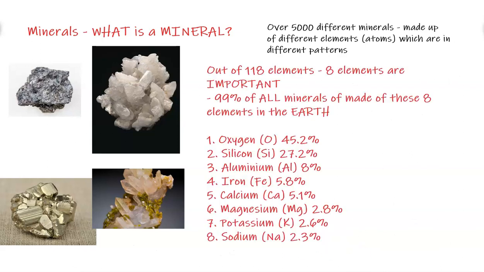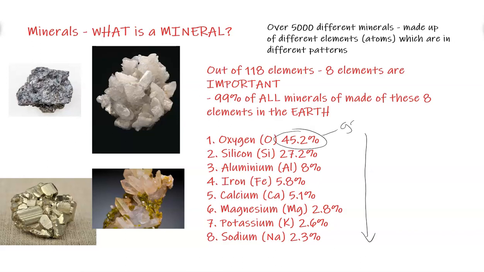So out of the 118 elements, 8 elements are important that we really look at. Now, 99% of all the minerals on Earth are made of these 8 elements that are listed below. So you've got 1 through 8, you've got oxygen, all the way down to sodium. So oxygen, as you can see, is nearly half of the Earth's crust, and the Earth's solid layers is oxygen.